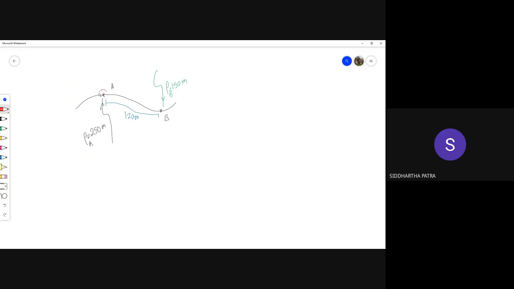So imagine this tiny car over here. It is traveling from A to B. At A it has a speed of 100 kilometer per hour, and when it reaches B, it has a speed of 60 kilometer per hour.